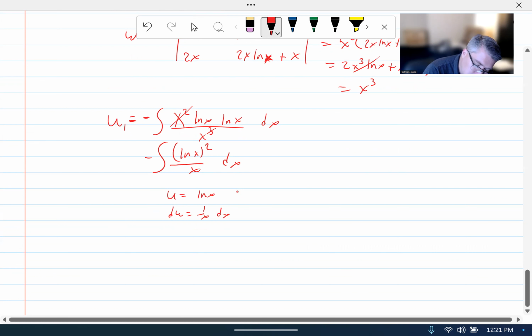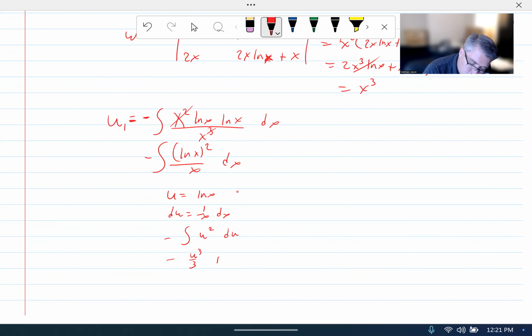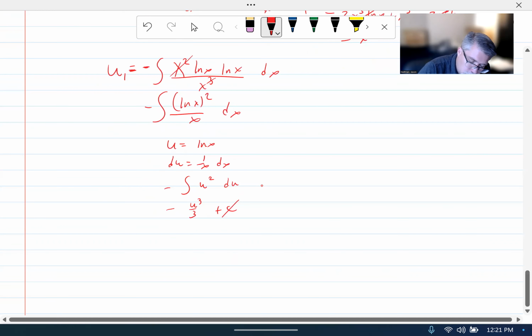Okay, and so this is going to be the negative integral of u squared du. And so this is going to be negative u cubed over 3, plus c, but again, I don't need to worry about the c because I'm just going to let that go to 0. Okay, and so that's u1.